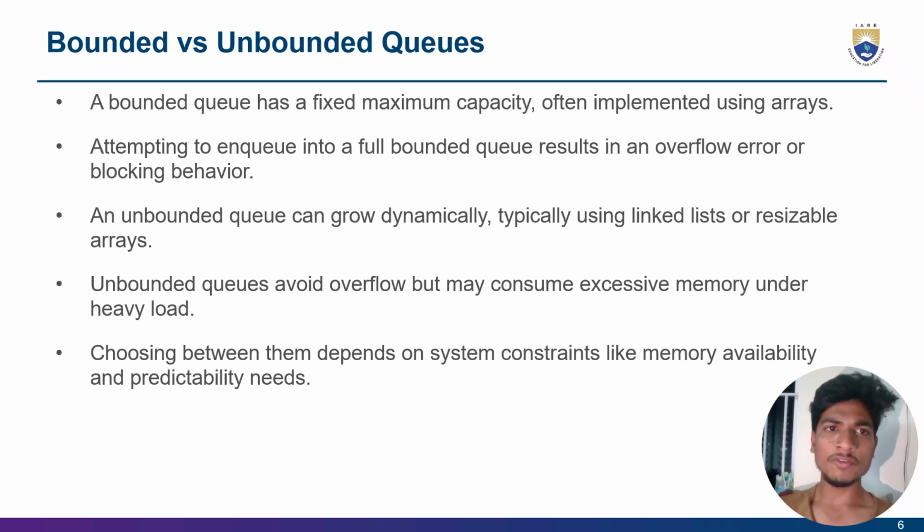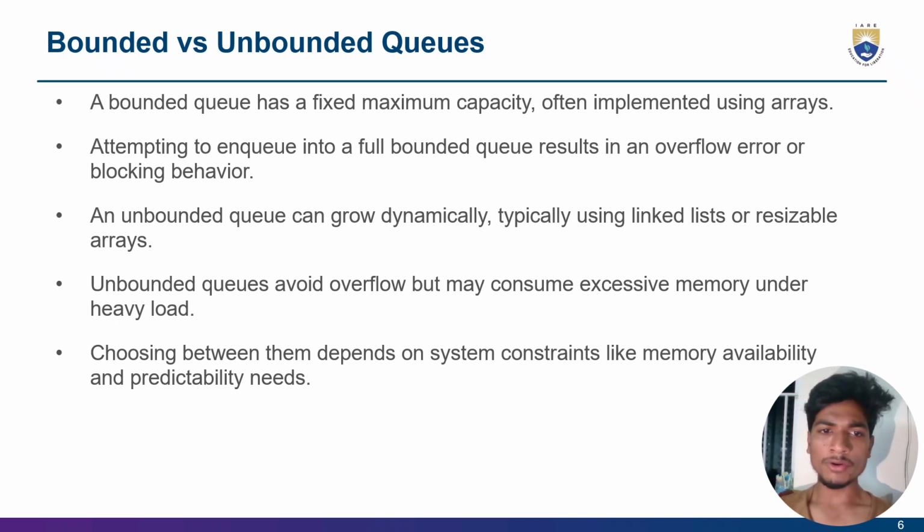So next one is bounded versus unbounded queues. A bounded queue has a fixed maximum capacity, often implemented using arrays. Attempting to enqueue into a full bounded queue results in an overflow error or blocking behavior. An unbounded queue can grow dynamically, typically using a linked list or resizable arrays.